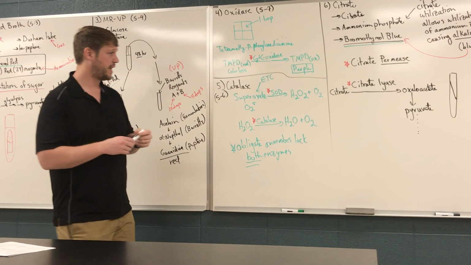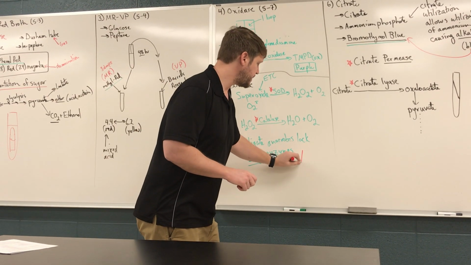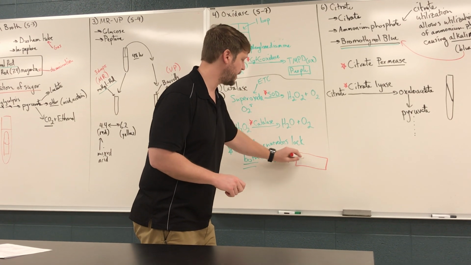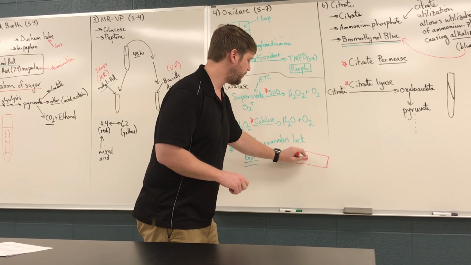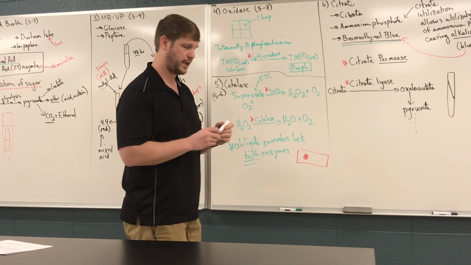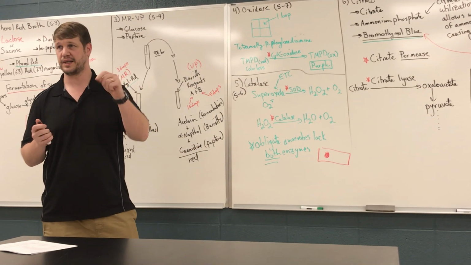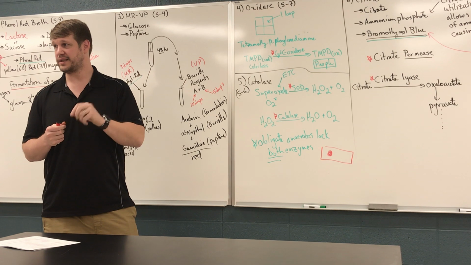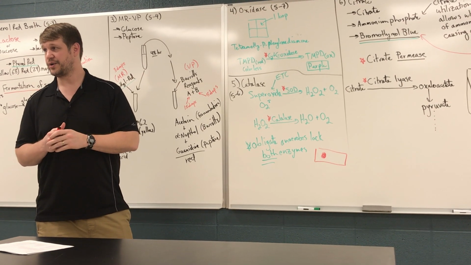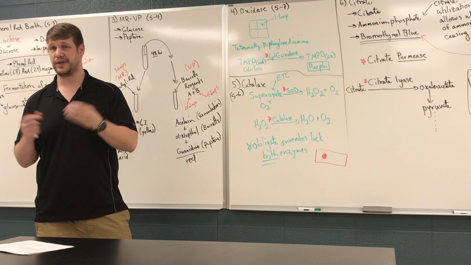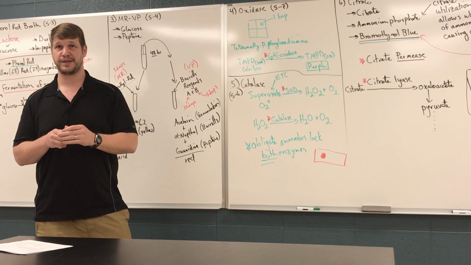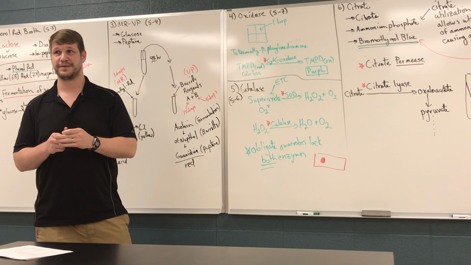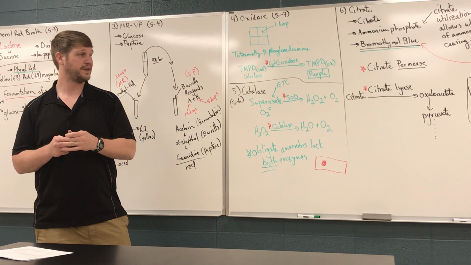To perform this test, it's very simple. You're going to take a slide. You'll put a loop full of your microbe to be tested, the broth, on the slide, and while it's still nice and liquid, you add a drop of hydrogen peroxide. And if you get bubbles, it's positive for the test. Fairly straightforward.